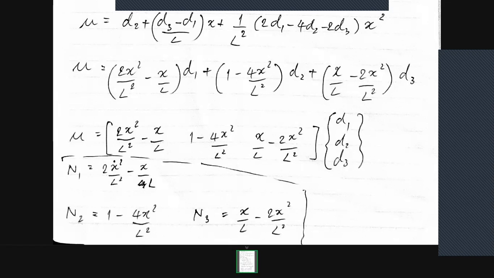If you substitute x equal to L over 2 into N3, what happens? N3 becomes 0. That is maybe not correct right now.